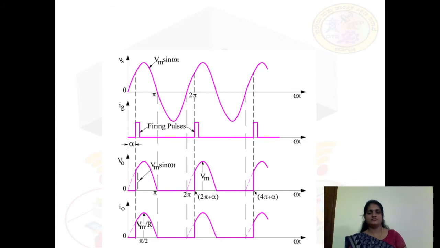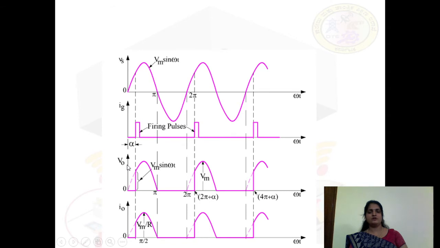Coming to this waveform, Vs indicates the input, the application of the input signal with the value Vm sine omega t. The second graph indicates the application of the gate signal from the gate to the cathode, at omega t with a firing angle of alpha. At this angle we provide the gate signal, indicated by the firing pulses.